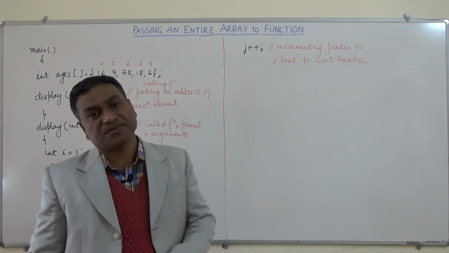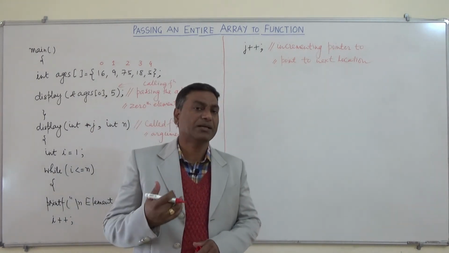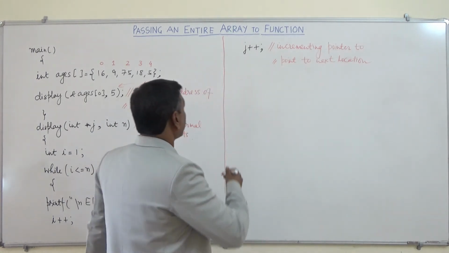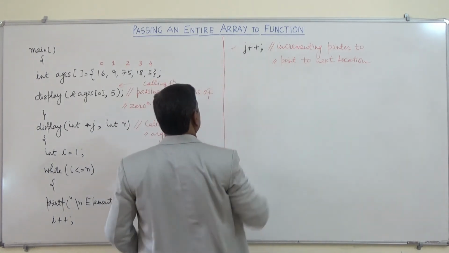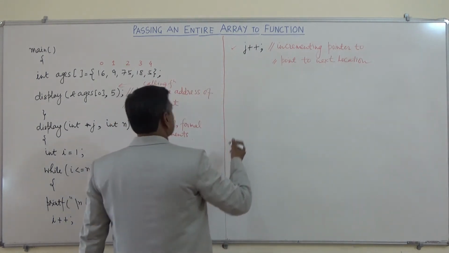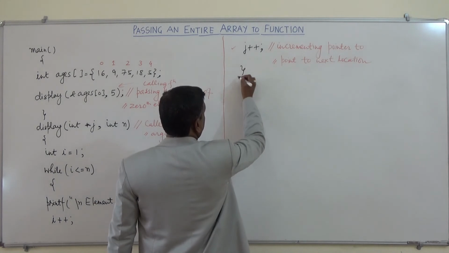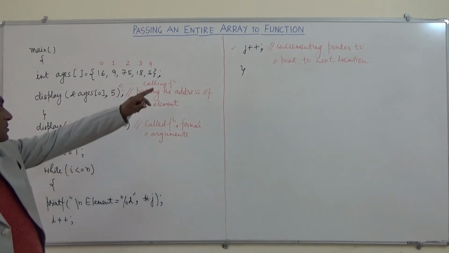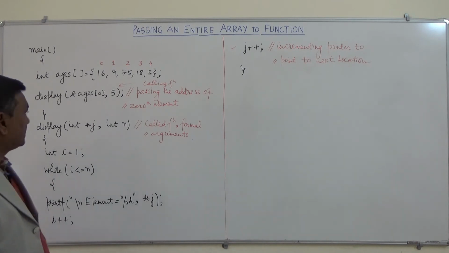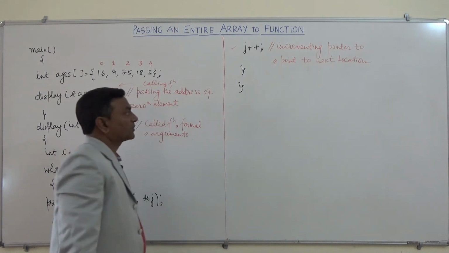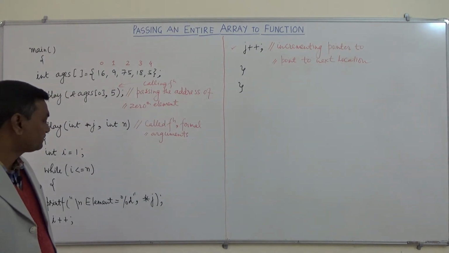So this j plus plus will increment the location basically. So this is an important point here, and then we will close it. Here we are closing the while loop, and then the display function. So this is the complete program.